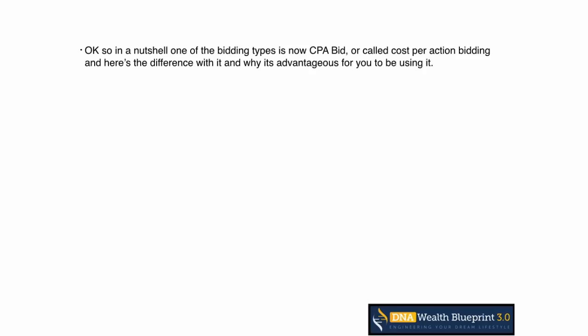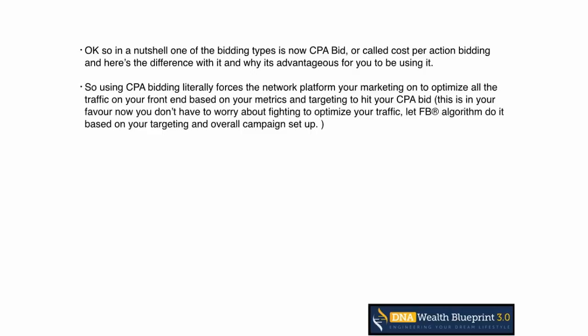In a nutshell, one of Facebook's newer bidding types is now CPA bid, or cost per action bidding. Here's the difference with it and why it's advantageous for you to be using it. When you're using CPA bidding, it forces Facebook's algorithm, the platform that you're marketing on, to start to optimize all the traffic on the front end based on your metrics and your targeting.